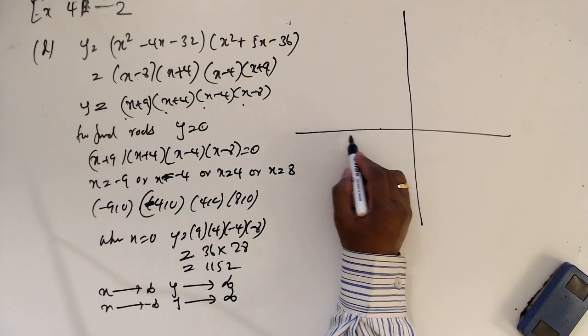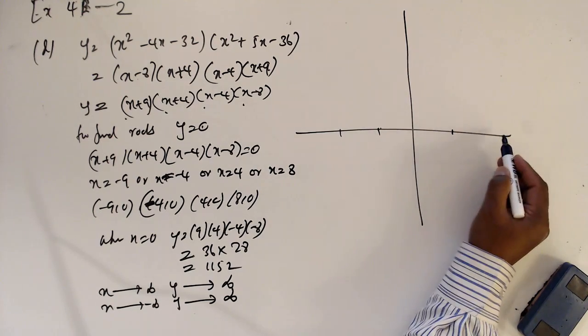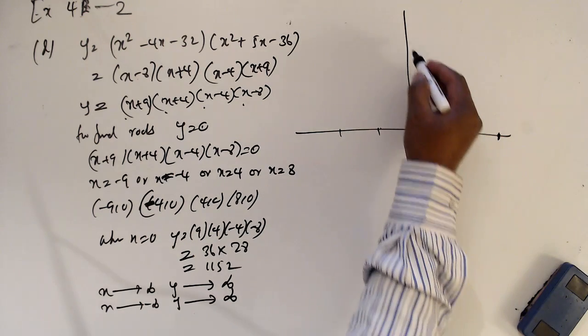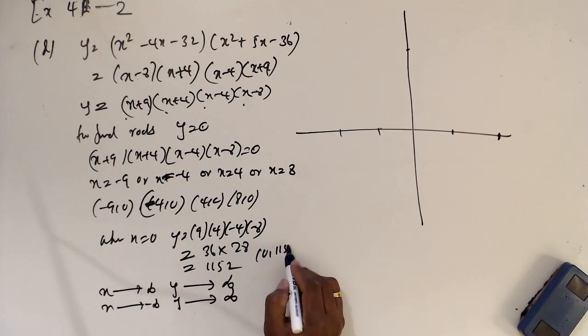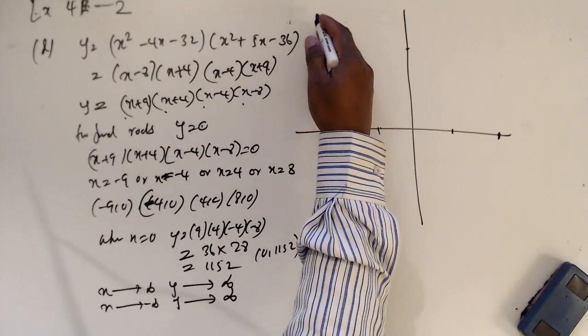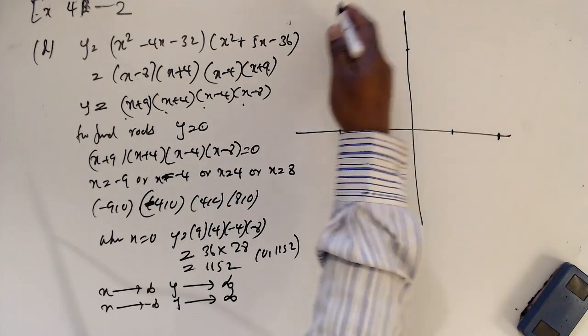So 2 here, 2 after this one, 4 and 8, and 1152 here, (0, 1152). Since it's positive, if we start here and here, then in this place.